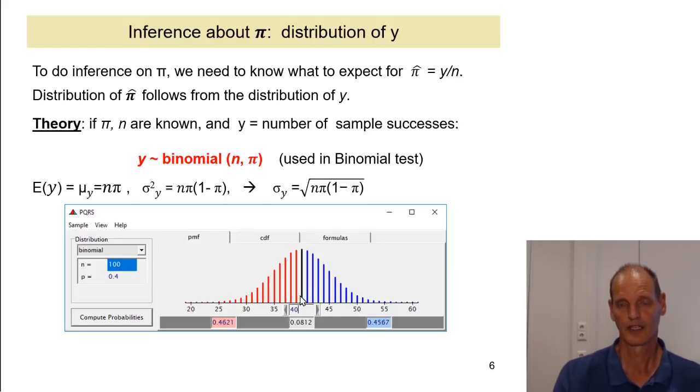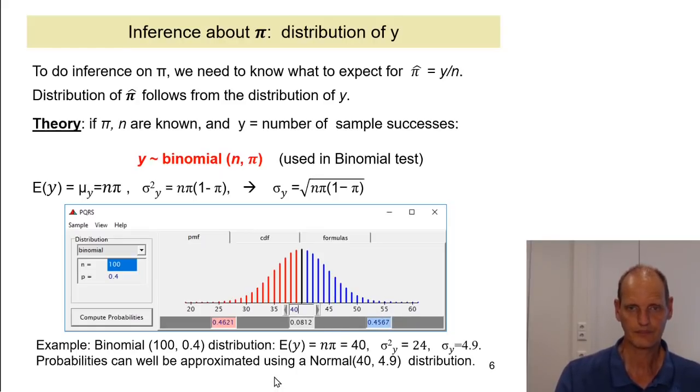But by chance, this value might be different. It may be 39, 38, 37, and it may be almost as low as 25, and it may be as high as 55.